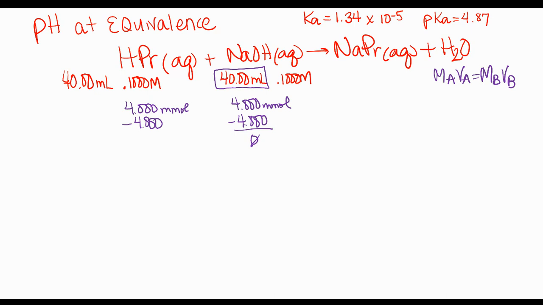But that will always be true at equivalence because remember, at equivalence, you only have salt and water. I'm ignoring the 4 millimoles of water that are formed. We just don't need that number, so why complicate things?